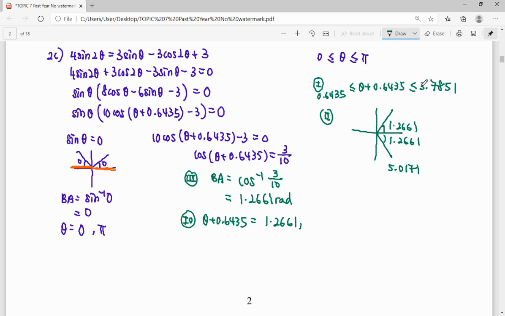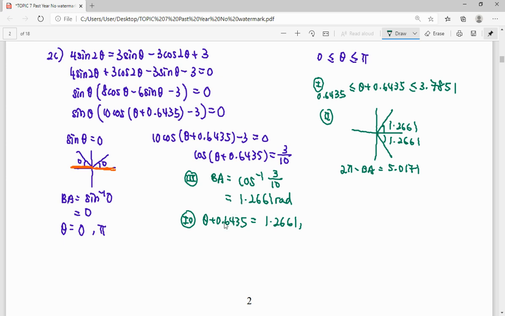Our maximum rotation range is up to 3.7851 radian, and 5 point something is more than our maximum range. So this answer will not be accepted. Only the answer in the first quadrant is involved.